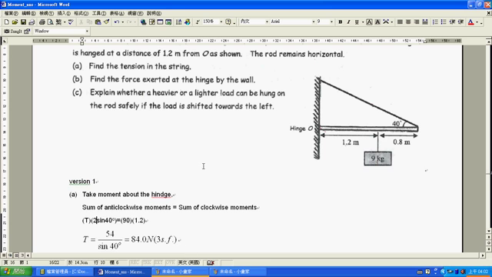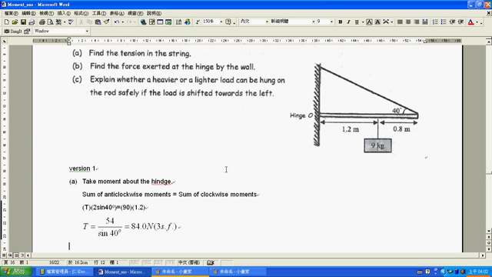So we apply the moment of a force, which is equal to the force times D, which is 2 meters times sine 40 degrees. And then the 9 kg load, having a weight of 90 newtons, is providing a moment of 90 times 1.2. So we get the tension is about 84 newtons.